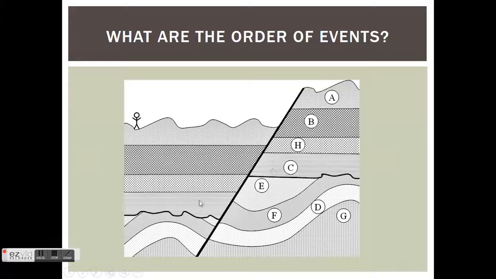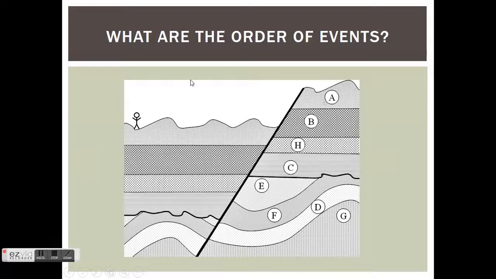The only other thing I'd like to point out is this is an example showing the principle of original horizontality. We've got these four layers in the bottom, G, D, F, and E, that are not flat. They're curved. They're folded, which means that after E was formed, there was some pressure that caused them to be squished and not flat.